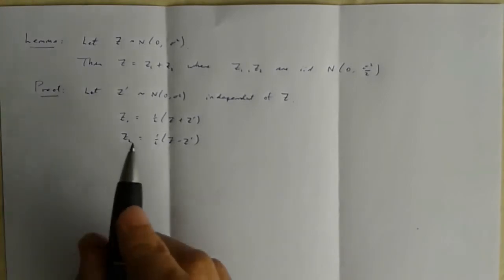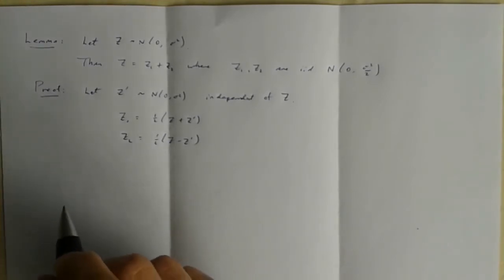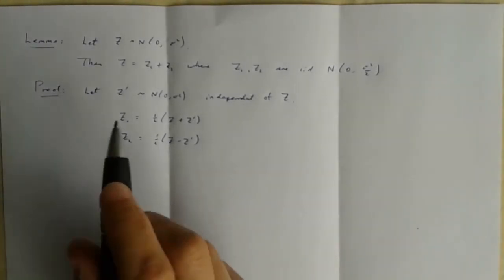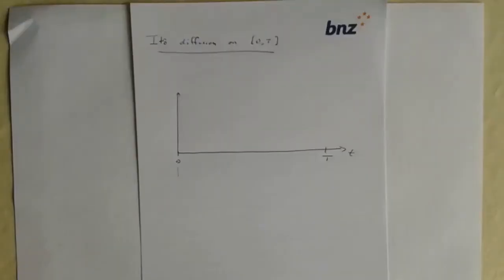So, done. That's how you do it. You can split up any normal random variable Z as the sum of two smaller random variables by this trick. All you have to do to make that happen is to be able to introduce one new random variable that was independent of Z. Okay, let's have a go at doing the construction of the Ito diffusion on the time interval 0 to t.